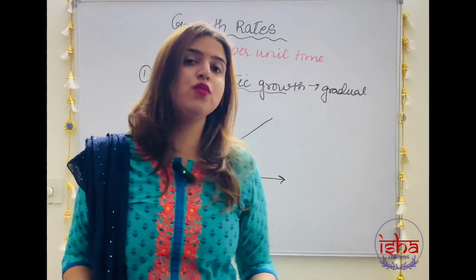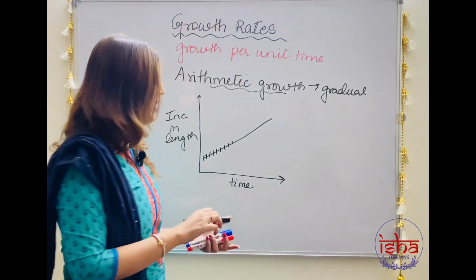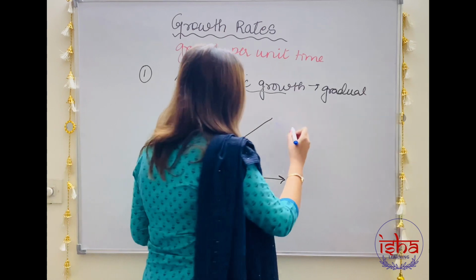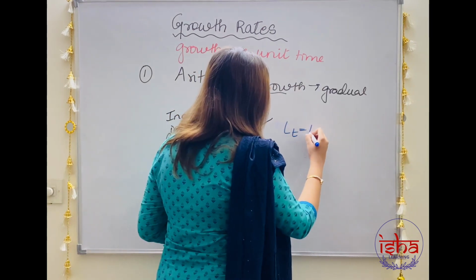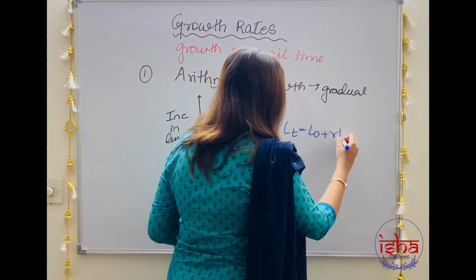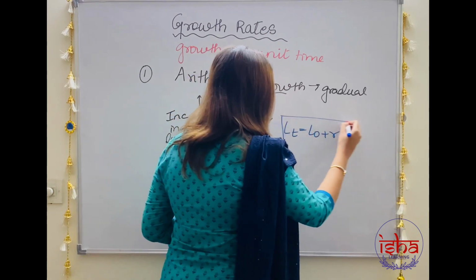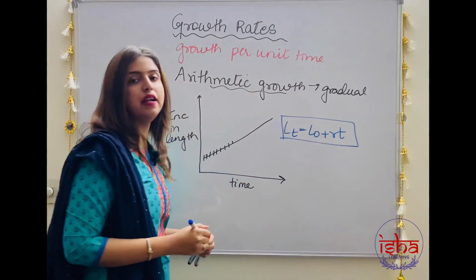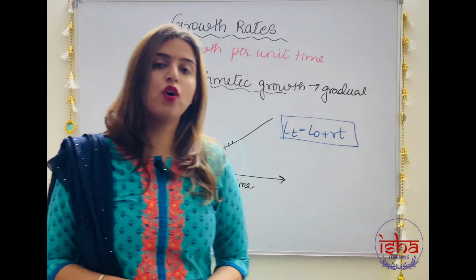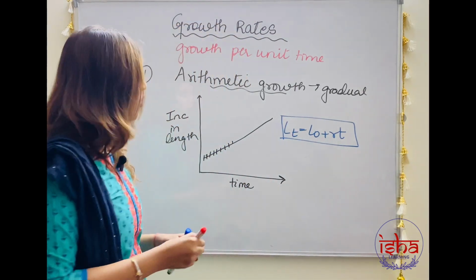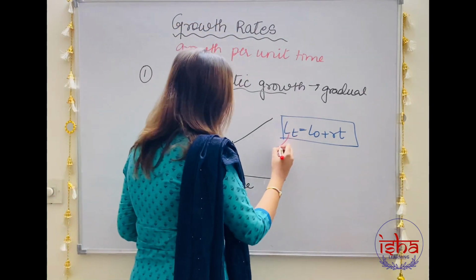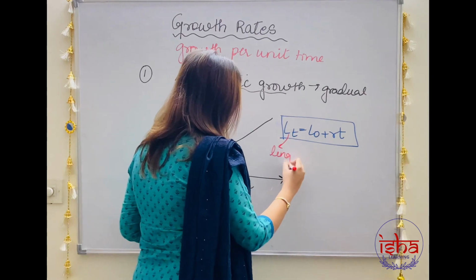An equation to describe the situation is Lt = L0 + rt. So this is the equation to describe arithmetic growth. Let's discuss what each of the terms mean. Well, Lt refers to the length of the plant at time t.